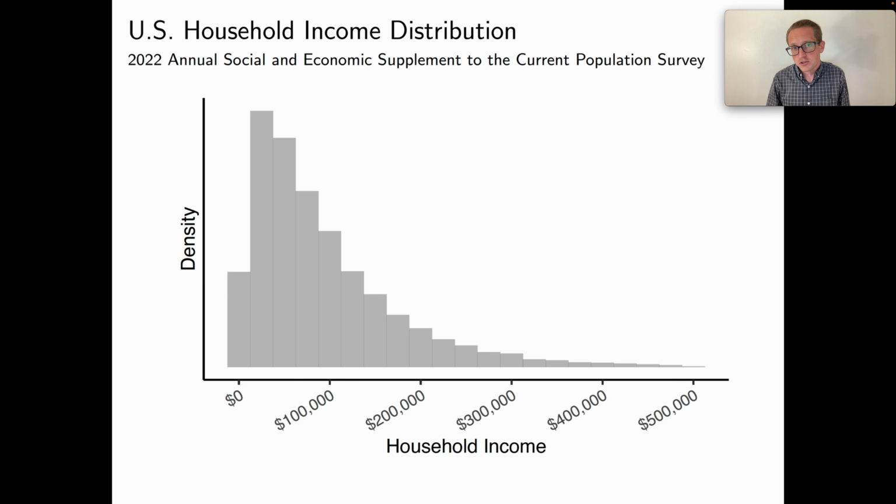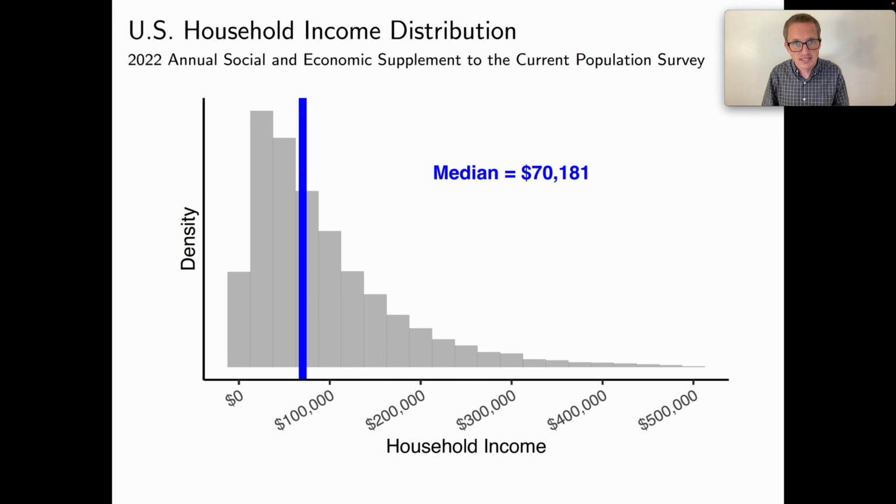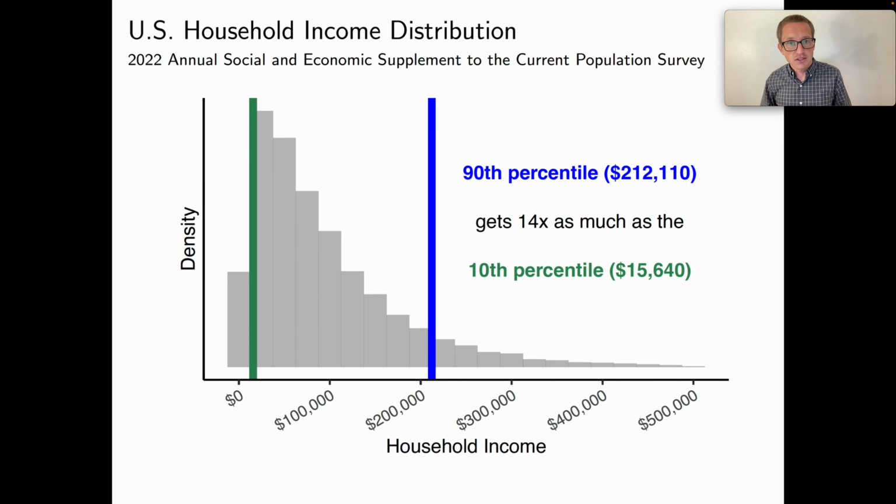When we see a distribution, often it's helpful to make some numerical summaries. For example, the median is a measure of central tendency. It's the value such that half of households earn less and half of households earn more. Another summary would be other quantiles of the distribution. For example, the 90th percentile, here about $212,000, is the value such that 90% of households have an income lower than this value.